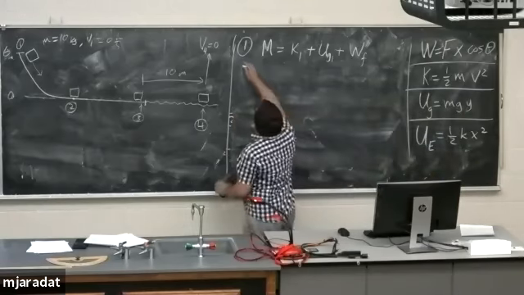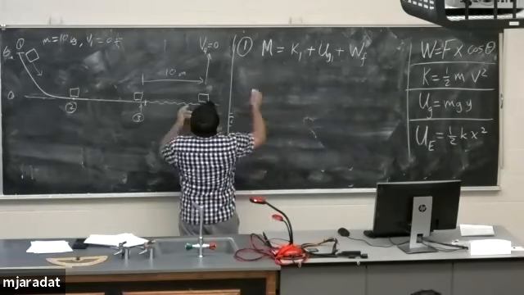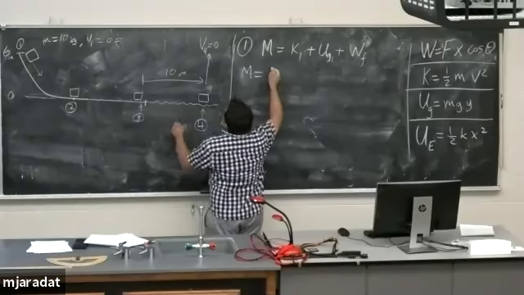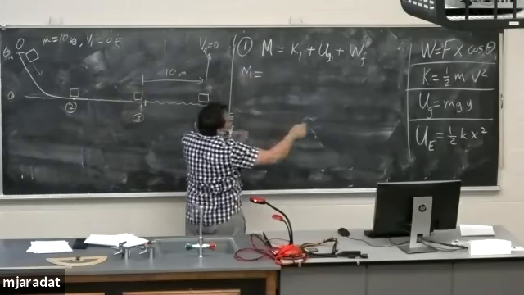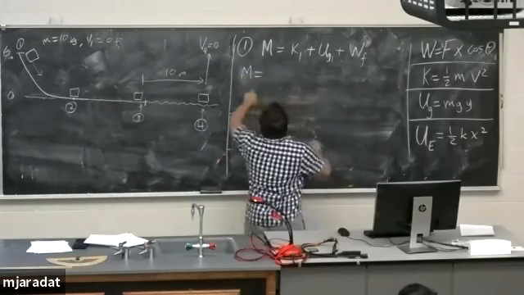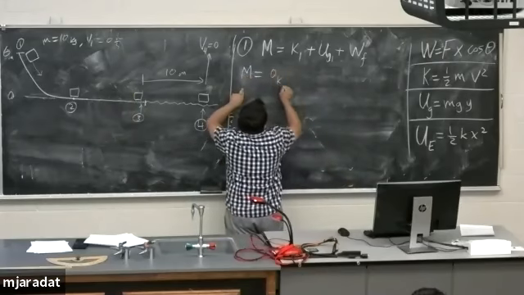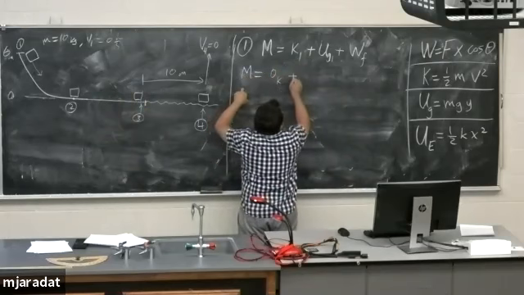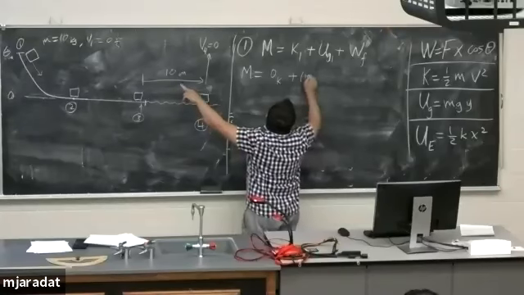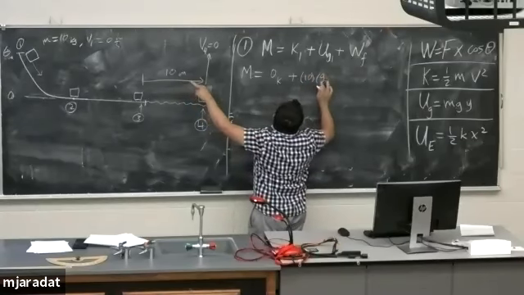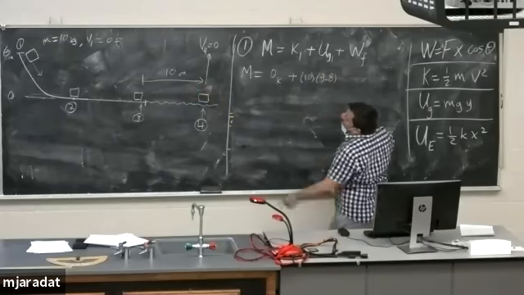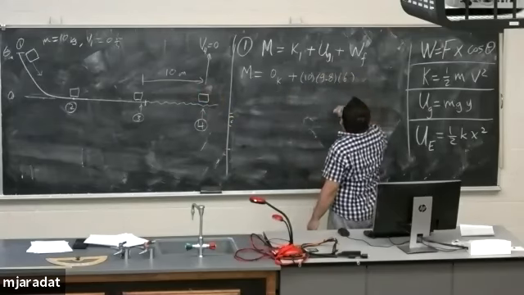Let us start with the first point. The mechanical energy is equal to the kinetic energy. It's zero because the velocity is zero. I will not write it again and again, and you can do that. The kinetic energy, zero. Plus the potential energy due to gravity. It is m, which is 10, multiplied by g, which is 9.8, multiplied by y at that point, which is 6.